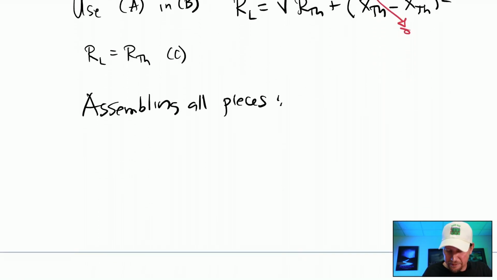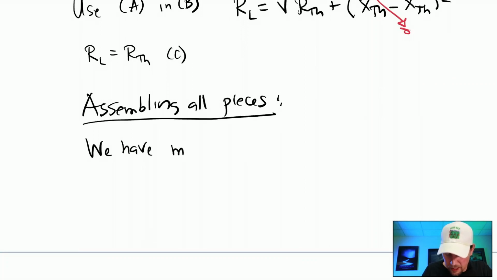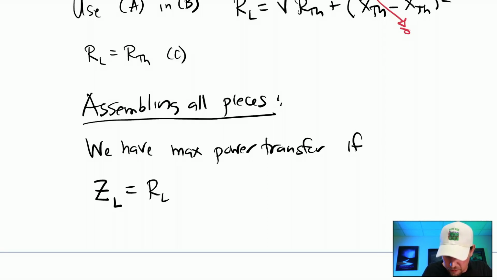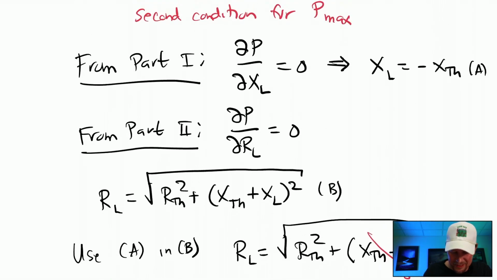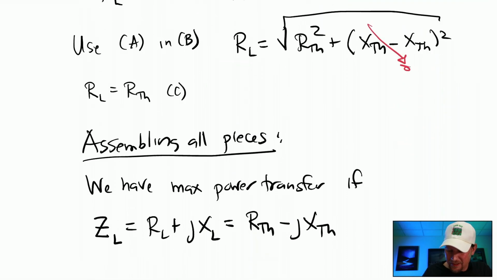we will actually have max power transfer if Z load, which is R load plus jX load, but we just found R load has to equal R Thevenin, and X load had to equal minus X Thevenin over here.